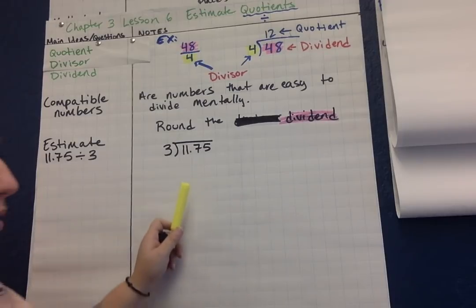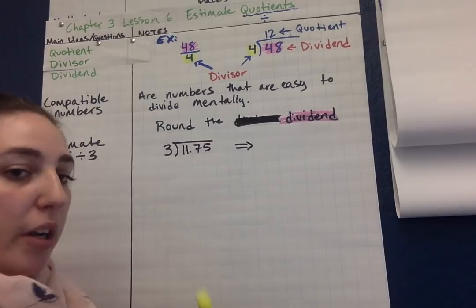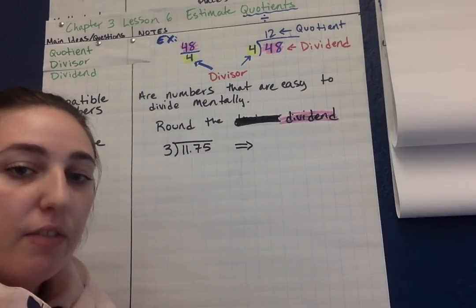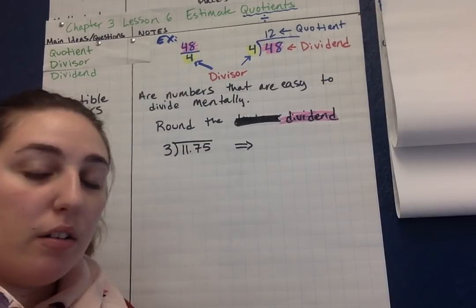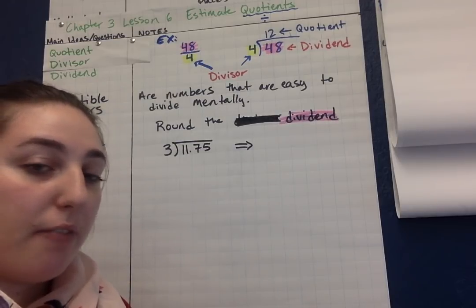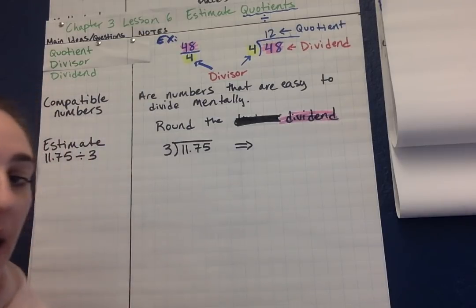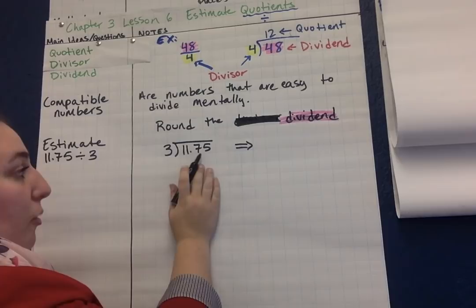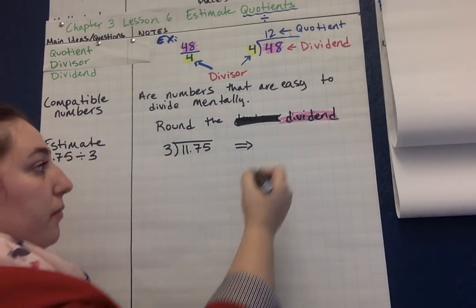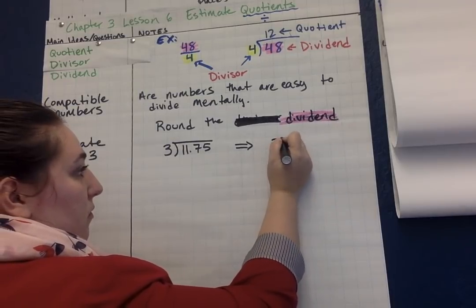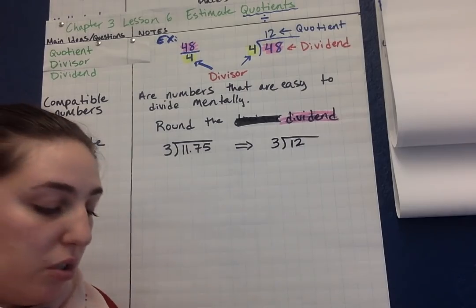Here's how you would write it in long division format. But again, we don't want to do long division. We want to just think of these things quickly. If I asked you, what's 11.75 divided by 3, you may not be able to think of it so quickly. That's why we're going to round. 11.75 is closest to 12, so that's what I'm going to round it to. And 3 also goes into 12.